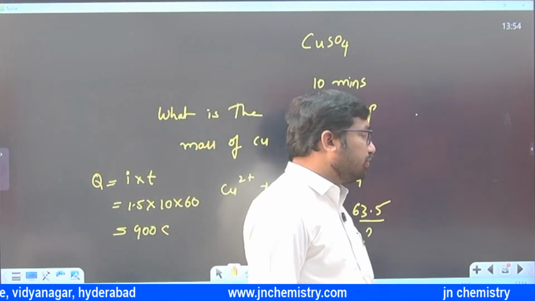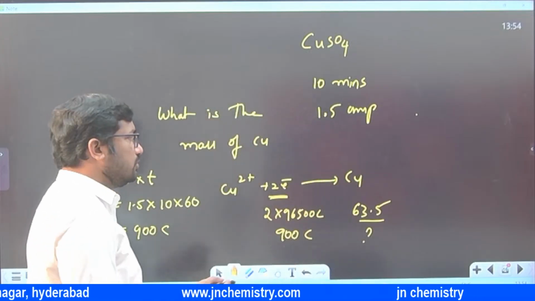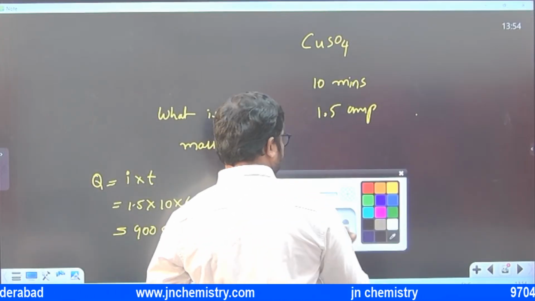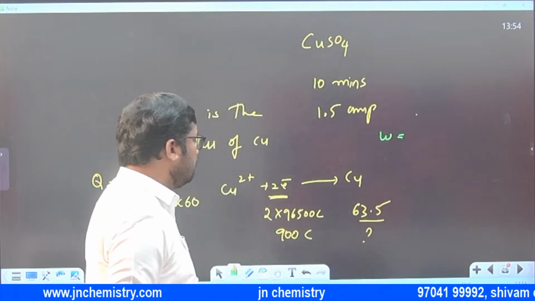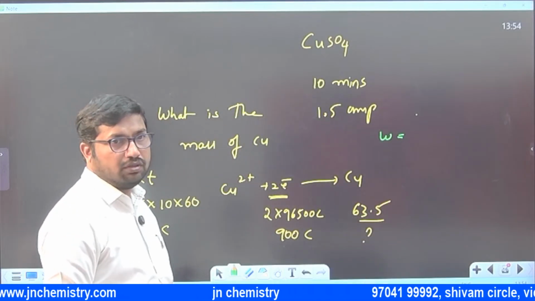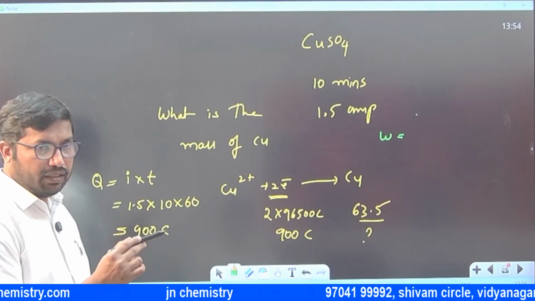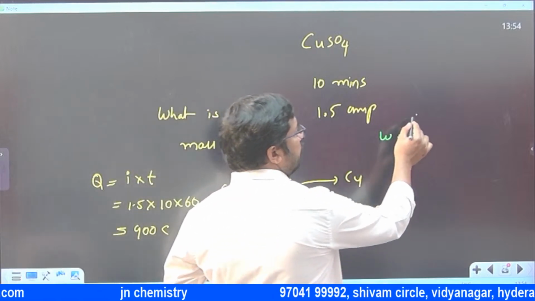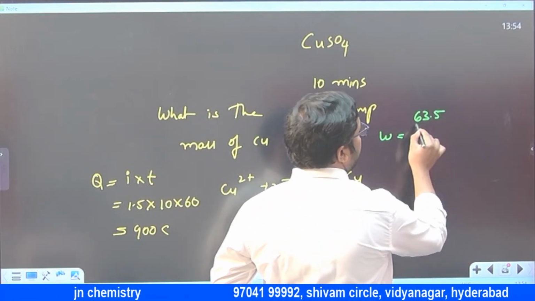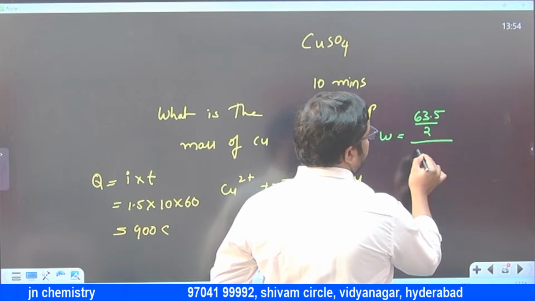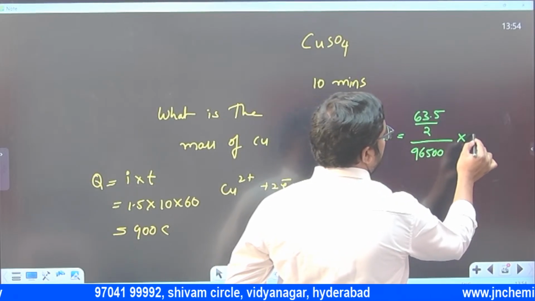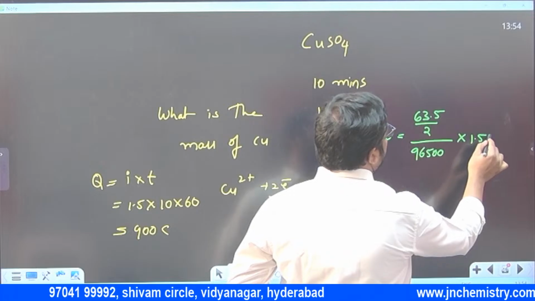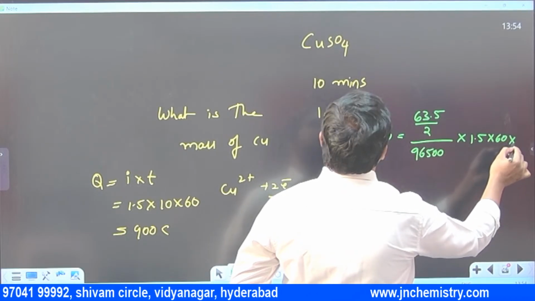But there is no need to use that formula. If you want, you can use that formula also. W is equal to E by 96,500 into I into t, where E is 63.5 by 2, and I into t is 1.5 into 60 into 10.